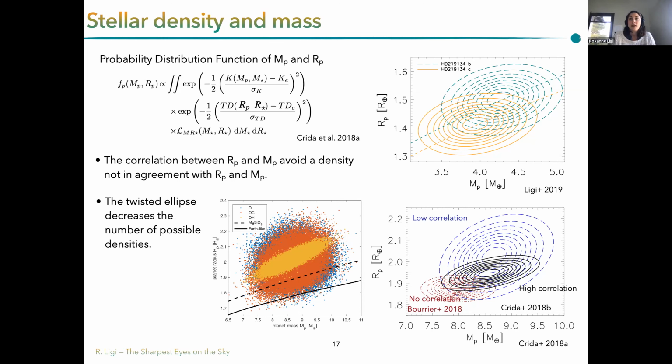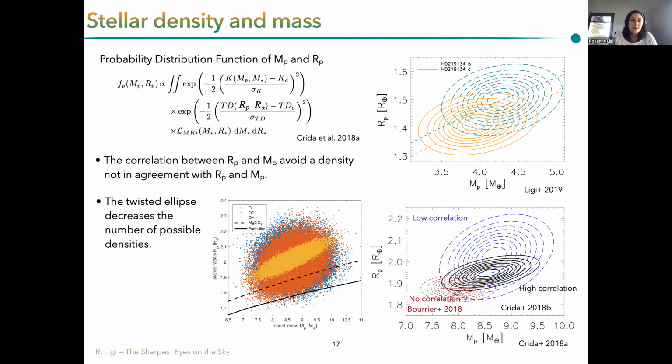But another case, 55 Cnc e, gave much better results. On the bottom right, you see a high correlation between the radius and the mass of the exoplanet. So we really narrowed down the possibilities of density, knowing the radius and the mass of the planet.